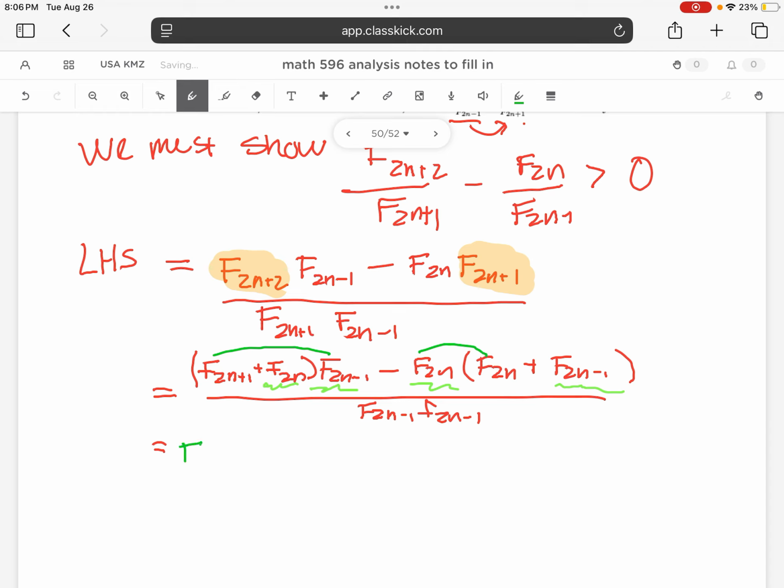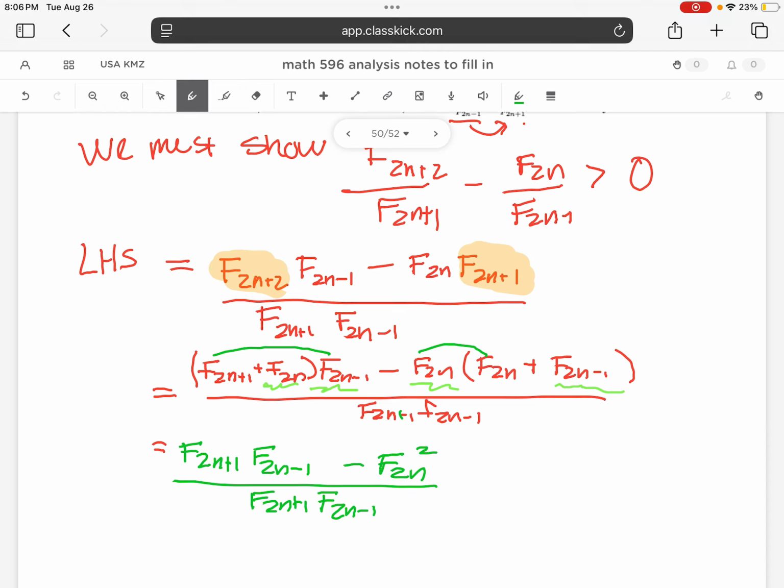So we'll be left with f2n plus 1 times f2n minus 1 minus f2n times f2n, right? f2n squared, basically. All divided by f2n plus 1 times f2n minus 1. Okay.